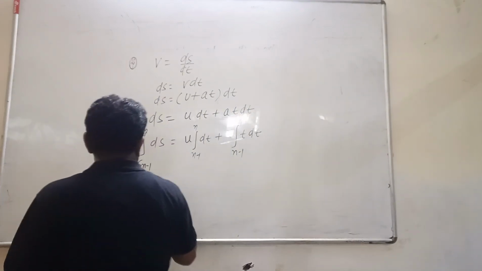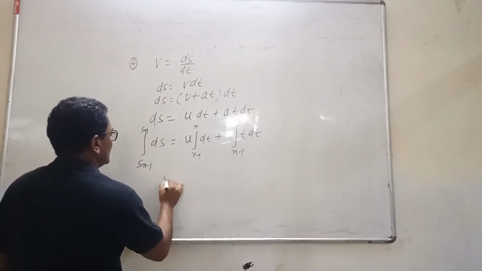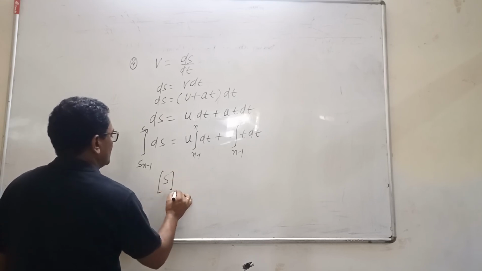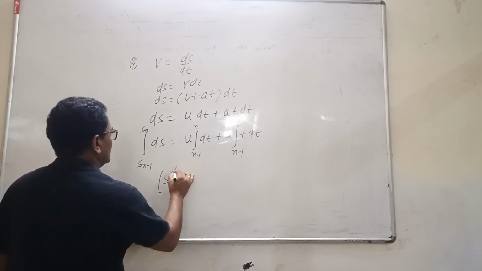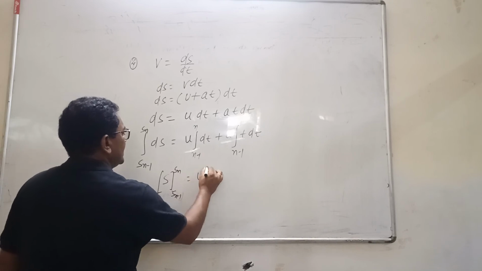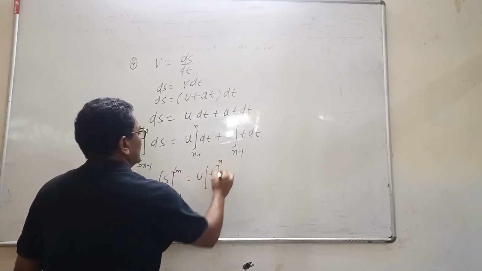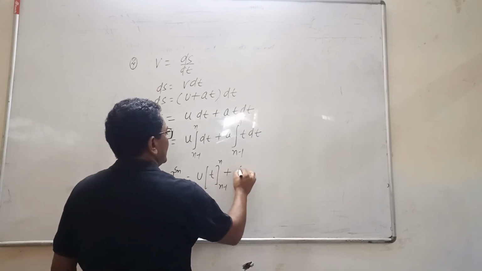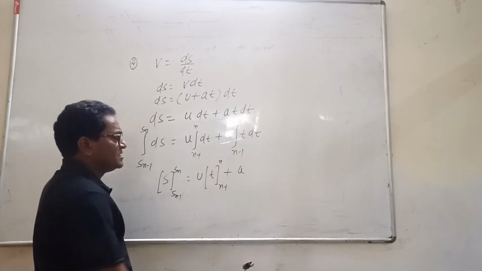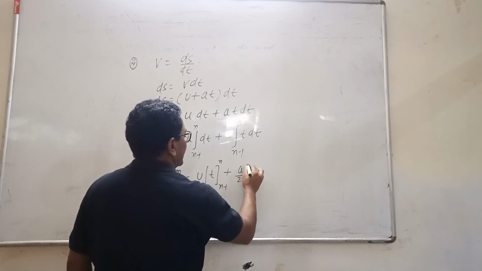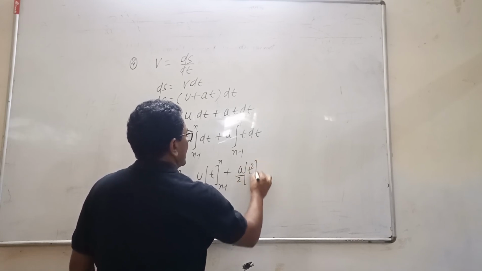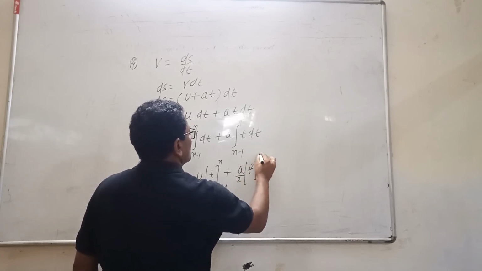The integration of ds is s, with limit from Sn minus 1 to Sn. u times the integration of dt is t, time n minus 1 to n, plus a times the integration of t dt, t square by 2 taken outside, and t square from n minus 1 to n.